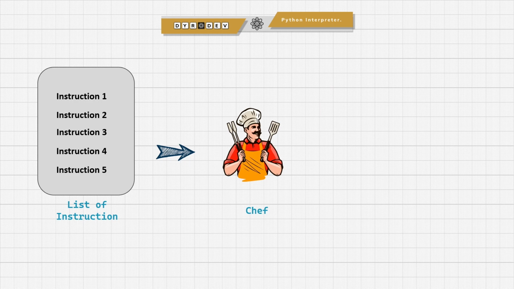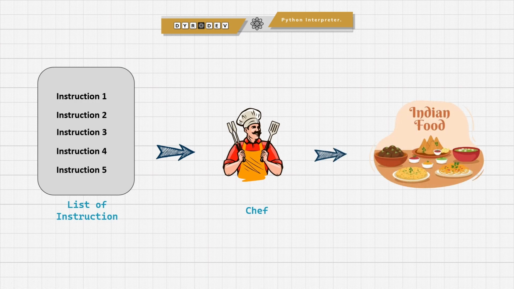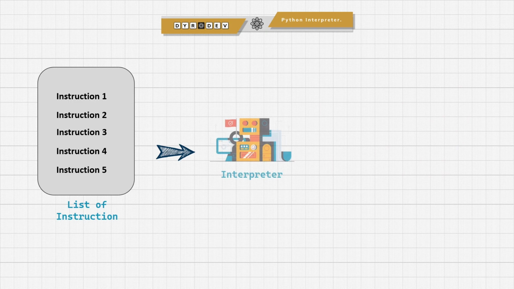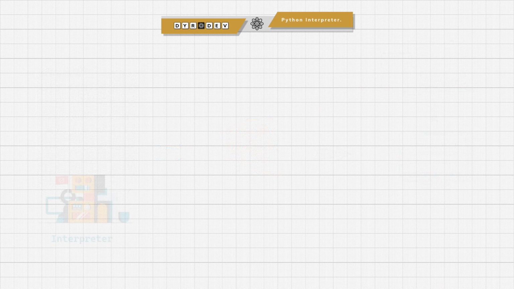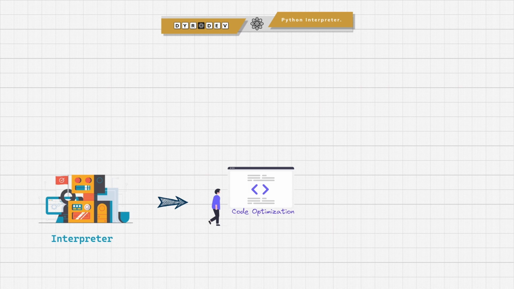These instructions are processed by the chef and a dish is prepared. In the same way, the Python interpreter works. The Python interpreter takes all your instructions in a sequence, converts them into binary code, and then runs it on a machine. In Python, the Python interpreter is responsible for code optimization.